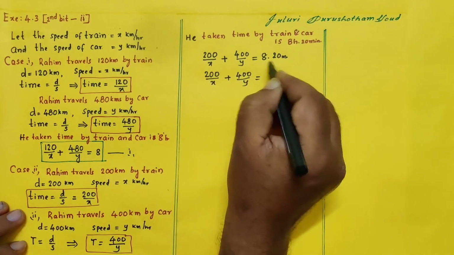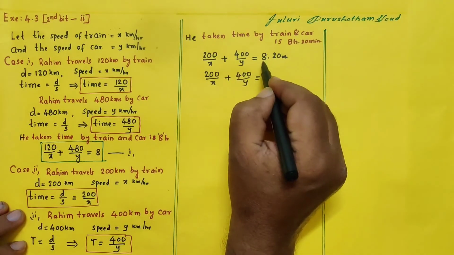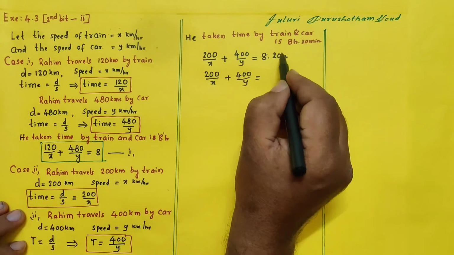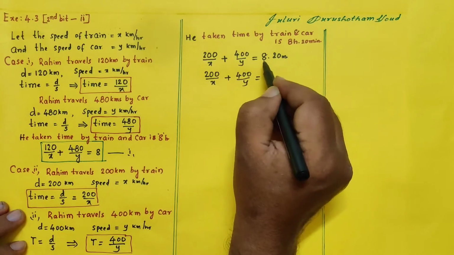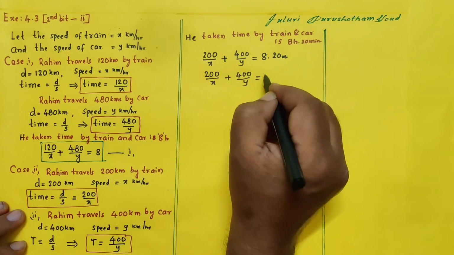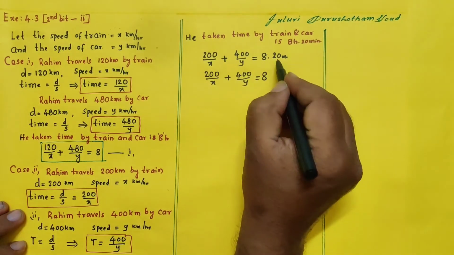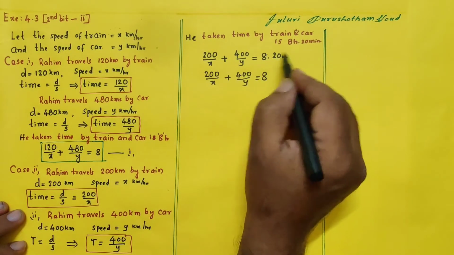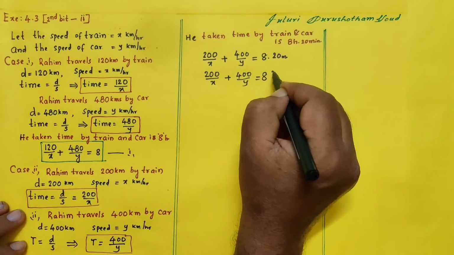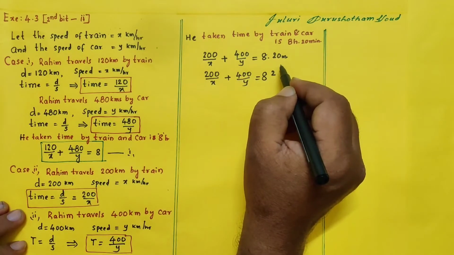But in this 8 hours 20 minutes, this is hours, this is minutes. This minutes also we have to convert into hours. How? 20 minutes, if we convert to hours, one hour is equal to 60 minutes.